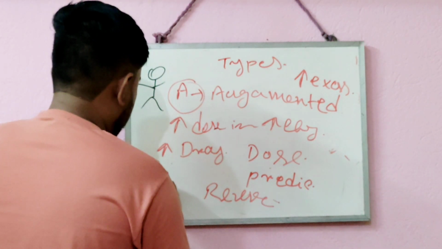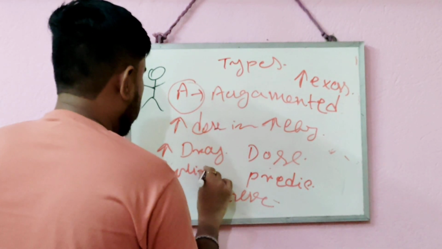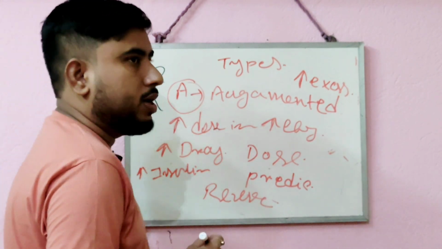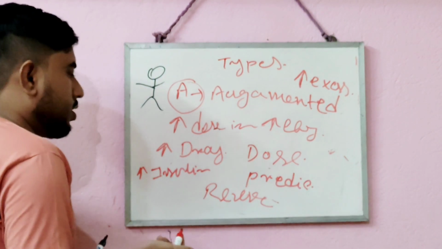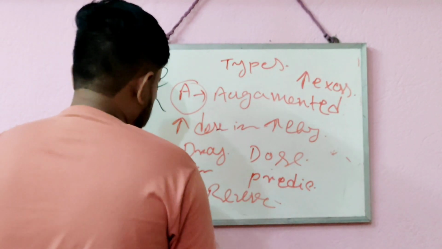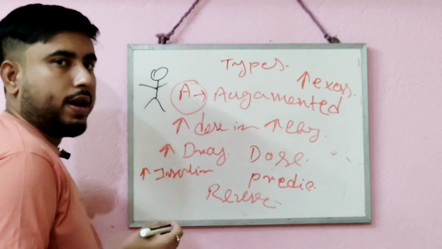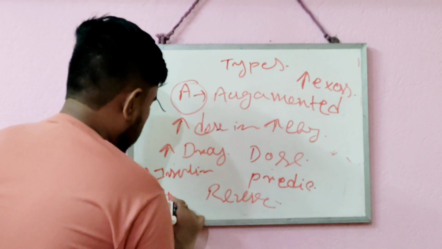An example is high use of insulin. We know when our body has a high sugar level, we generally take insulin. But taking insulin in high doses for an extended period of time can cause hypoglycemia.